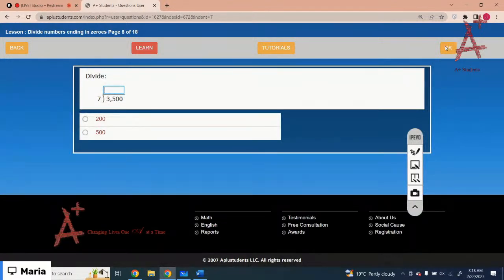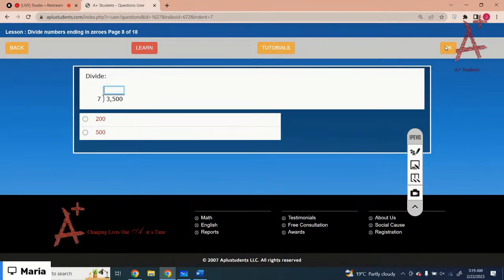Okay, the next one is 3500 divided by 7. 7 times what number is 35? 7 times 5 is 35.